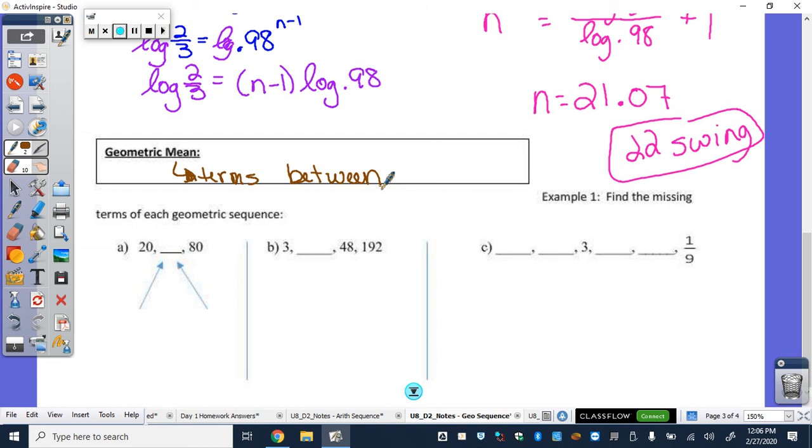All right, geometric means, just like arithmetic means, those are your terms in between. Just we have to figure them out a little bit differently because it is geometric instead of arithmetic. So looking at our first one, my missing term here, I'm going to call that x.